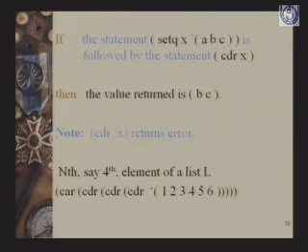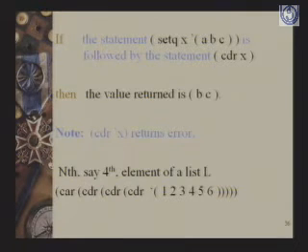However, CDR X without quote may not return an error if the symbol X has already been associated with a list, for example, through setq X quote ABC, because then CDR X actually means CDR of the list ABC, and the CDR of the list ABC is nothing else but drop the element A, and whatever is remaining, that is the list BC, should be returned.